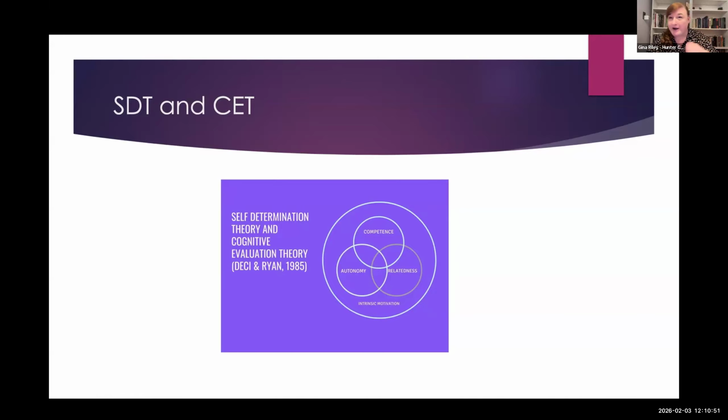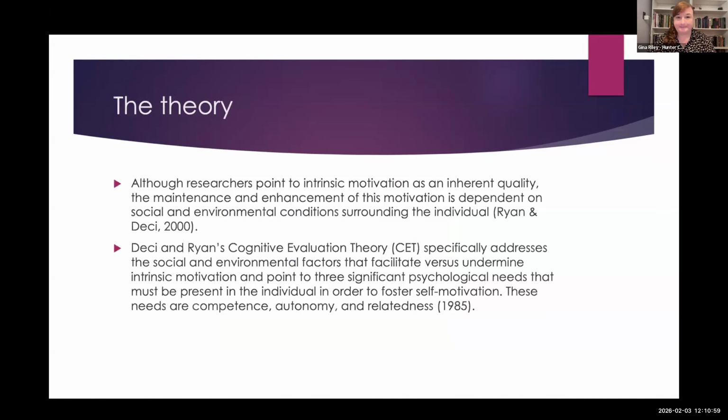And so we're going to take this apart a little bit and really think about where in our classrooms and in our syllabi we can do this. So again, self-determination theory defines intrinsic motivation. Cognitive evaluation theory really tells us how to facilitate it. And we will share the slides with you all too.